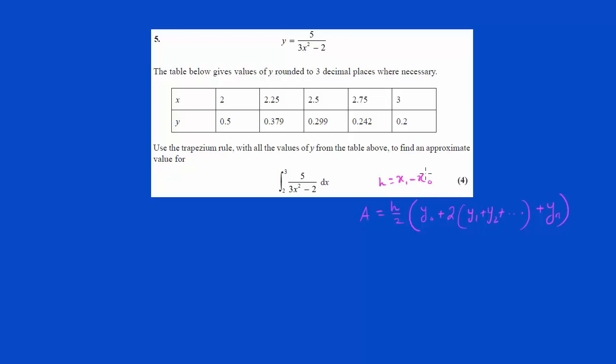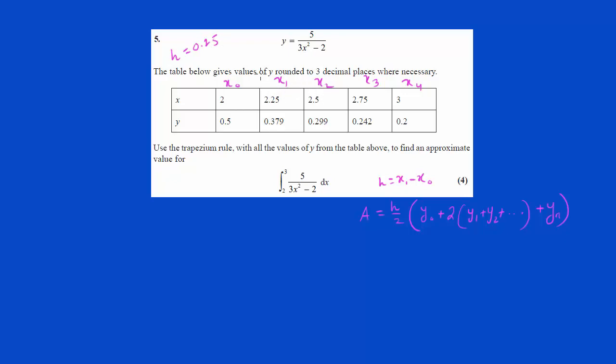So where do we get the x and the y? You see the table that is given over here: this is the first value x0, this is x1, this is x2, this is x3, this is x4. So from here we can calculate h equals x1 minus x0, 2.25 minus 2 is going to be 0.25, and it can also be found by subtracting the next one, like a common difference.